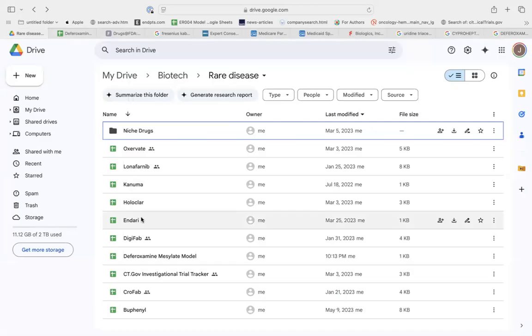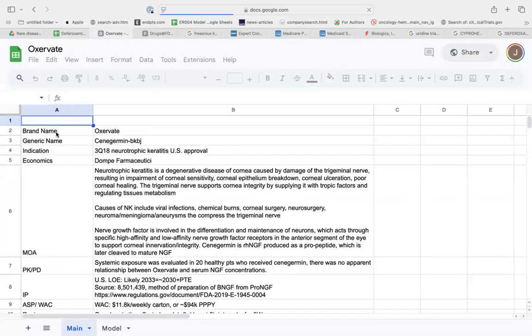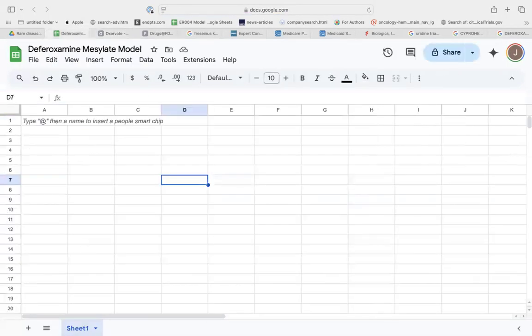What I usually do is make a copy of an existing model. So let's try using Oxervate. Okay, this should work.